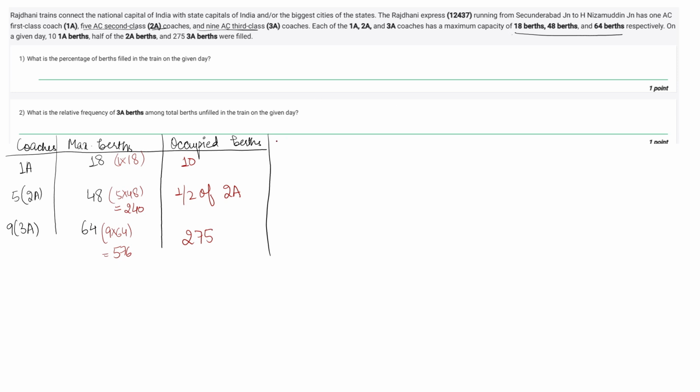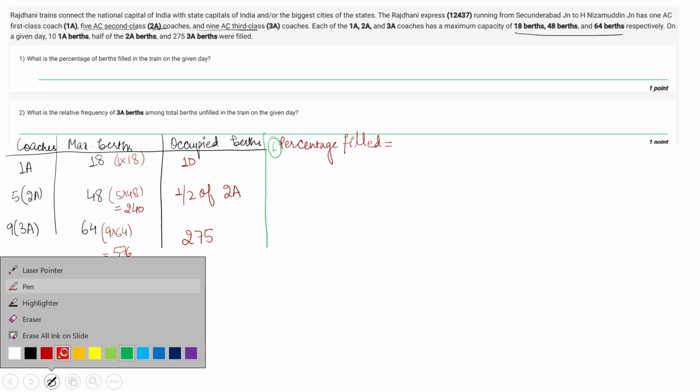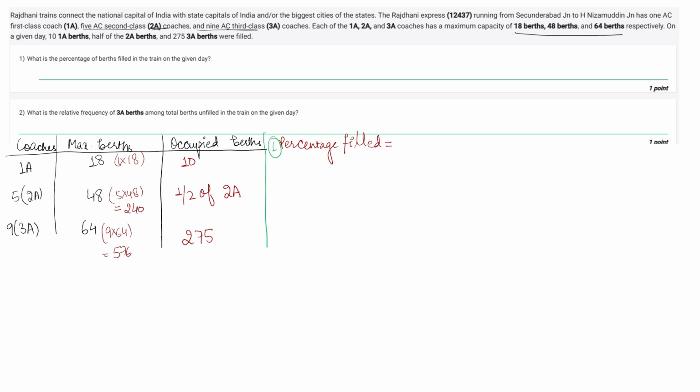So percentage filled, this is the first part, is equal to the total berths occupied upon maximum total berths.